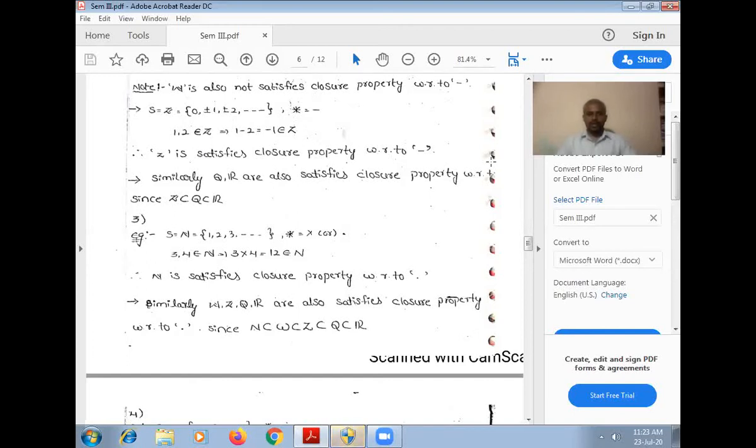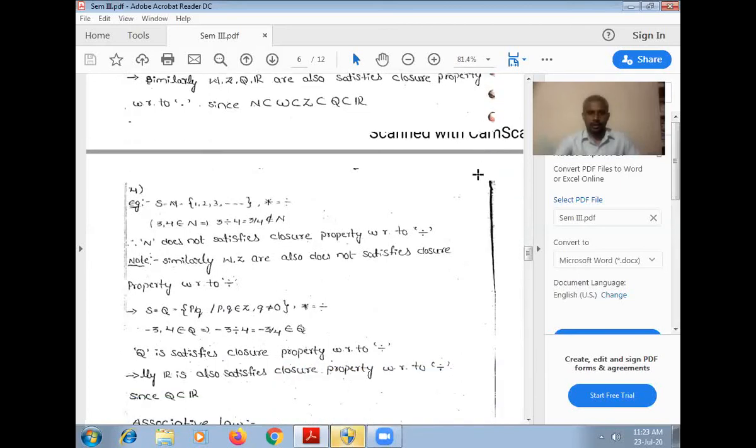Similarly, N is a subset of W, W is a subset of Z, Z is a subset of Q, Q is a subset of R. So that's why W, Z, Q, R all also satisfy closure property with respect to multiplication or dot.